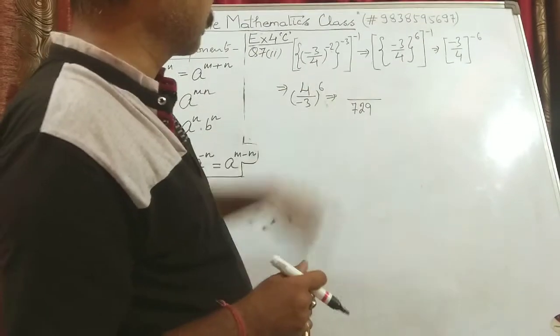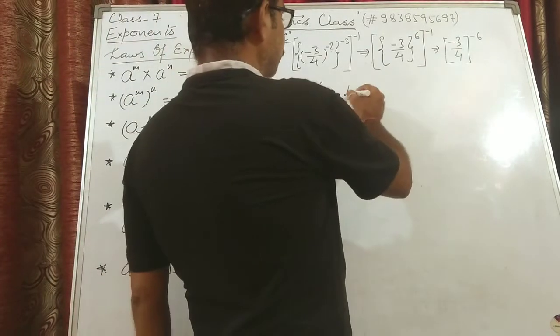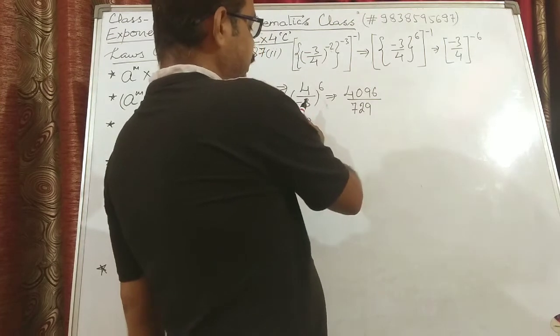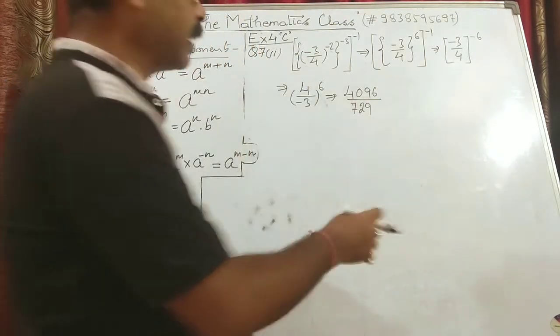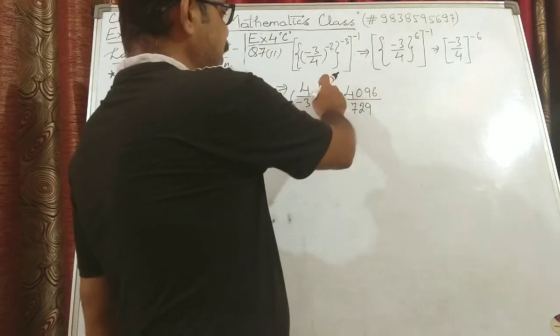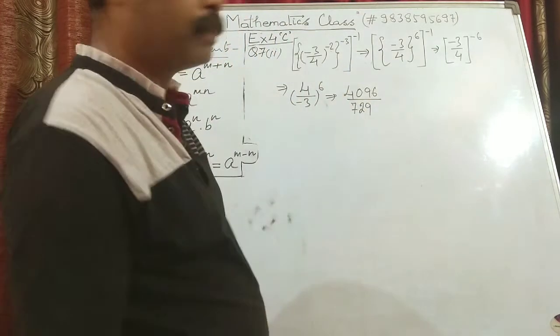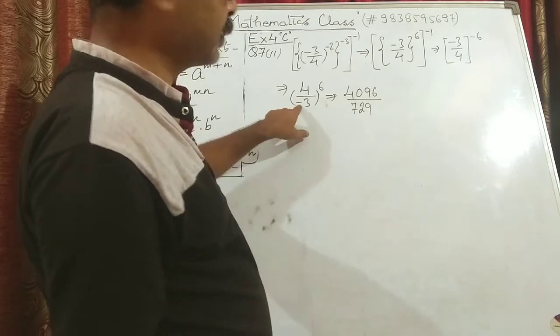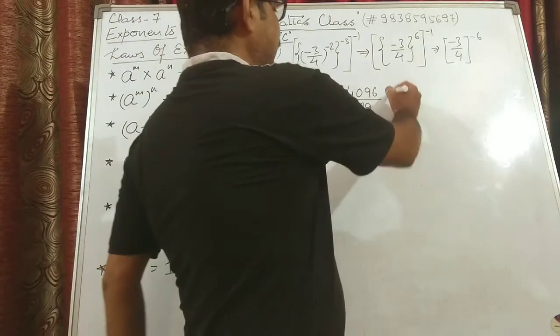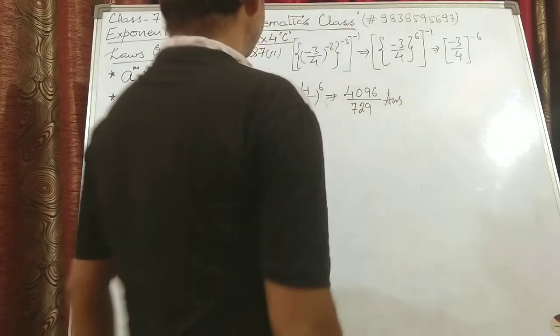Now 4 when multiplied 6 times you will get 4096, and 3 when multiplied 6 times you will get 729, and since the minus sign has power 6, an even number, in any case this minus sign will change to plus sign. That is why I have not written any sign, and that is the final value.